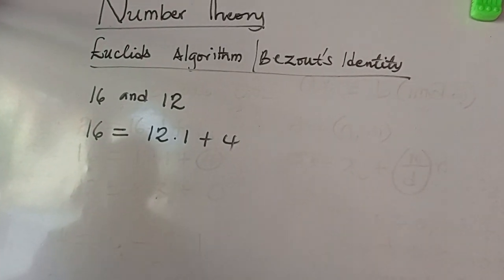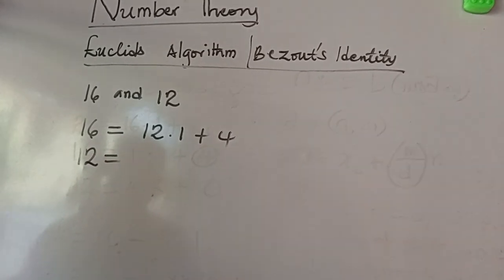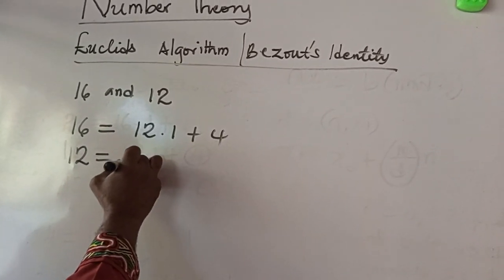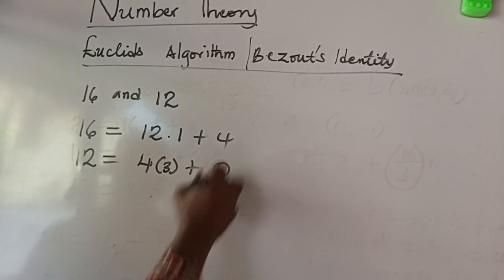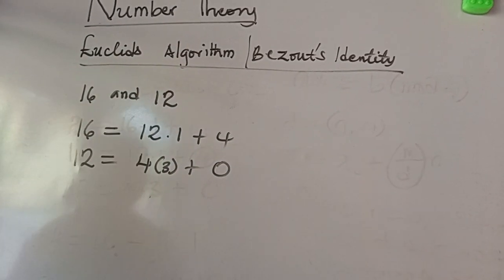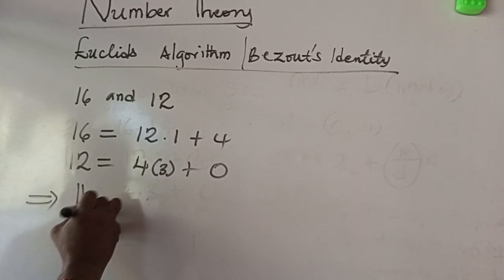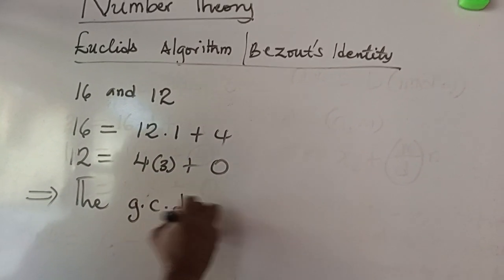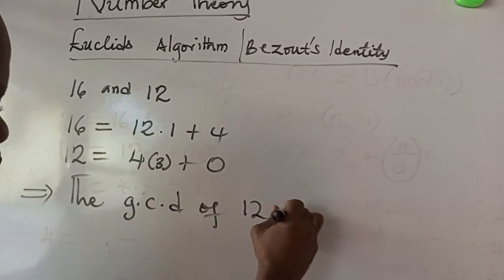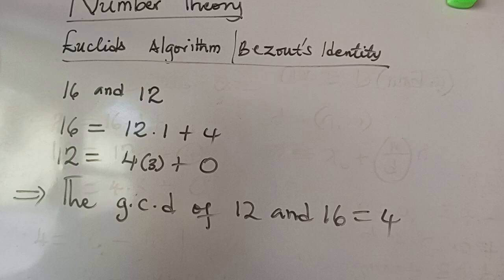And then we continue by dividing 12 by 4, which gives us 4 times 3 plus 0. That gives us 12. And with this, it is clear that the GCD of 12 and 16 is equal to 4.